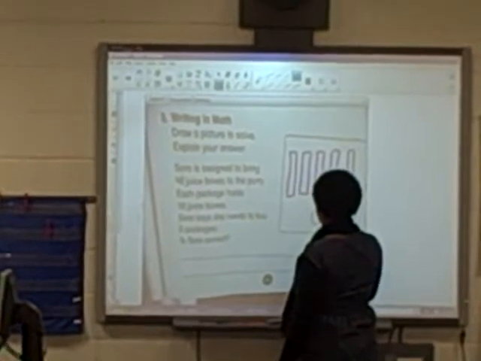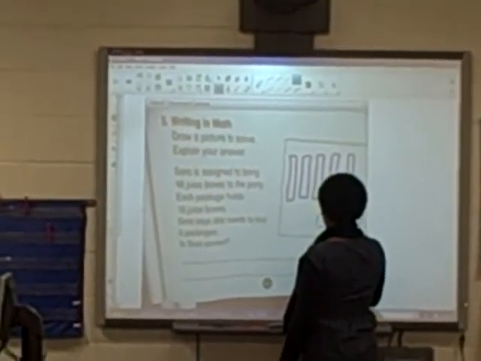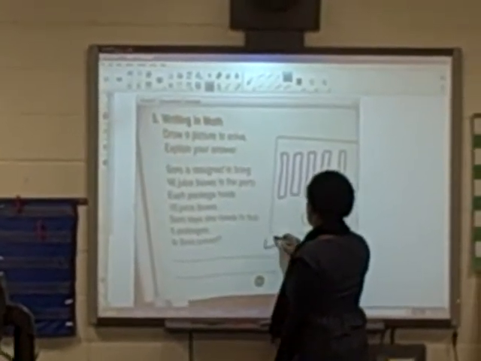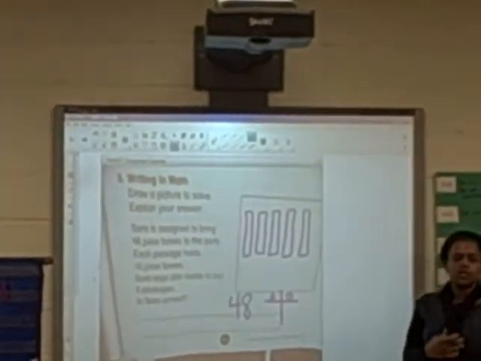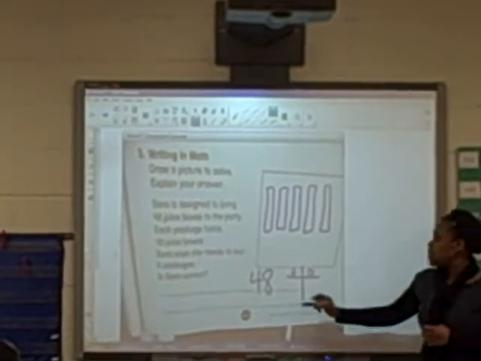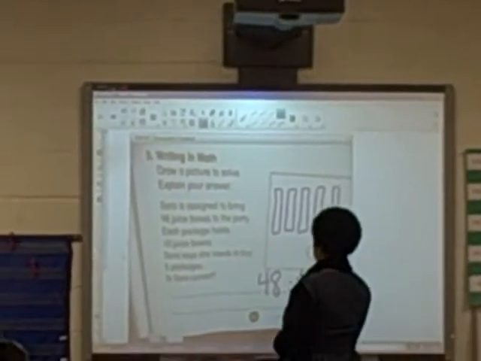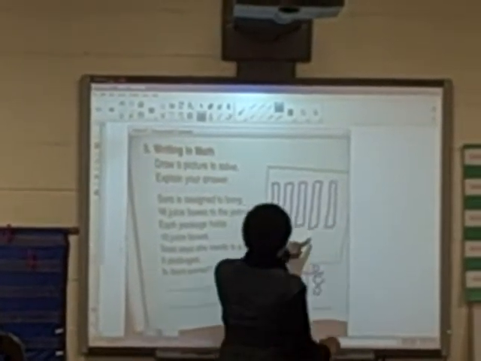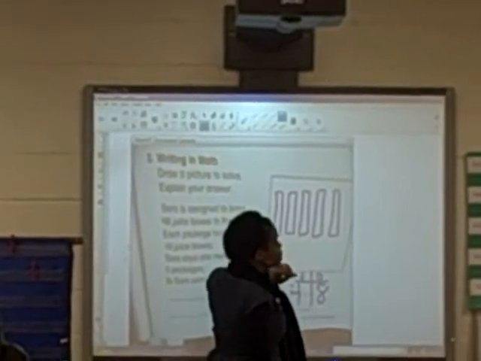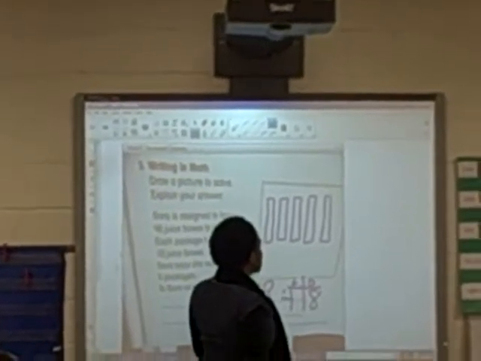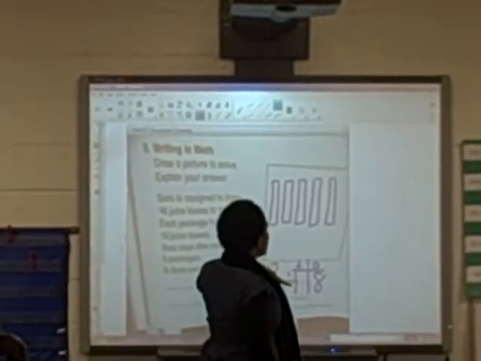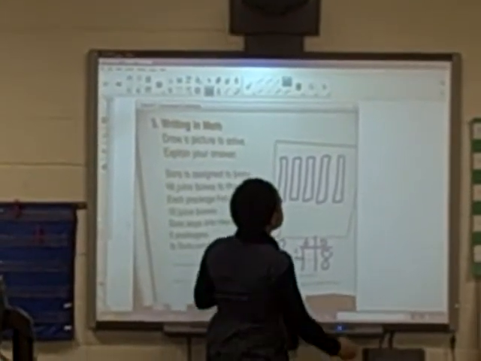We have 48 juices, right? So how many tens will we have? If we have 48, how many tens will we have? Jonah? 4. How many ones? 8. So if we have 50, and we got 10 juices in each box and she needs 48, how many will we have left over?